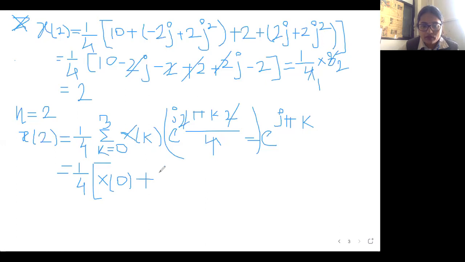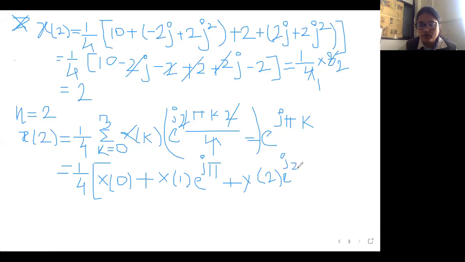Plus x of 1 into e raised to j pi, because k is 1 now. Plus x of 2 into e raised to j 2 pi, because the value of k is 2 now.